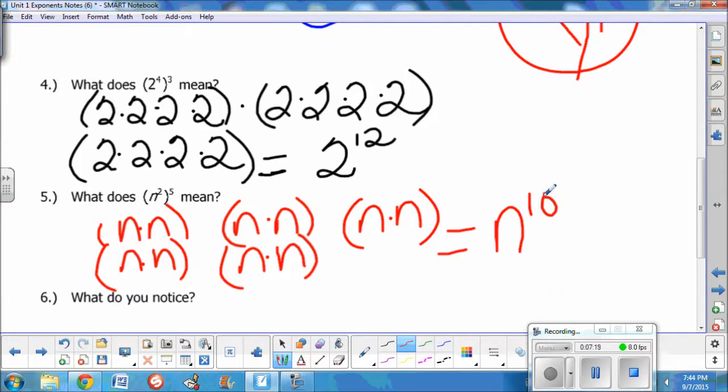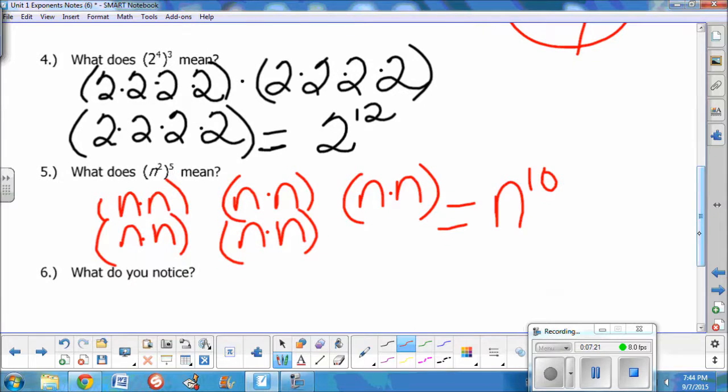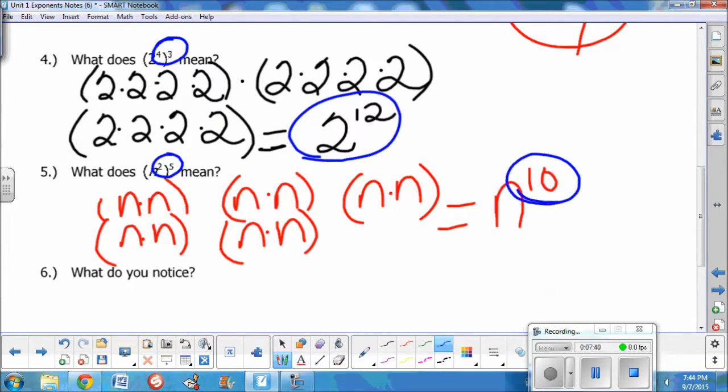So what do you notice? Hopefully you're noticing some kind of pattern happening. If you look at those exponents back up here for 2 to the 4th to the 3rd power, and then we expanded it out and we got 2 to the 12th, and then we had n squared to the 5th power and we expanded it out and we got n to the 10th.